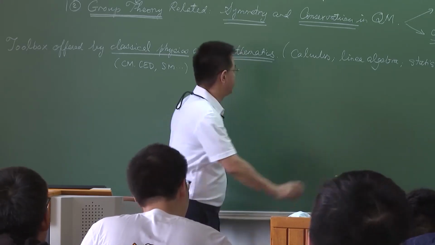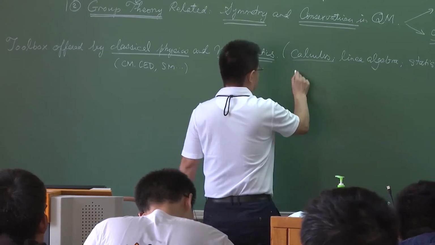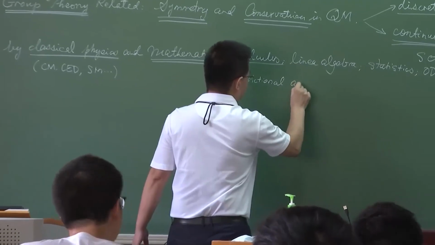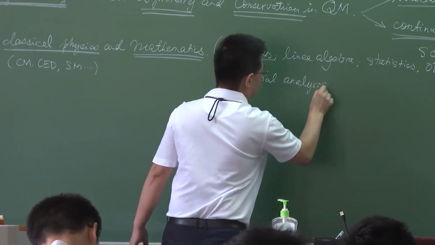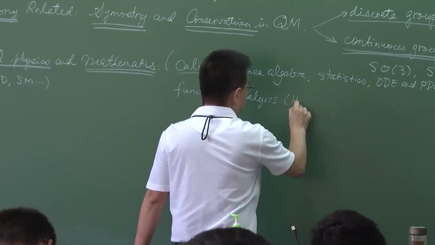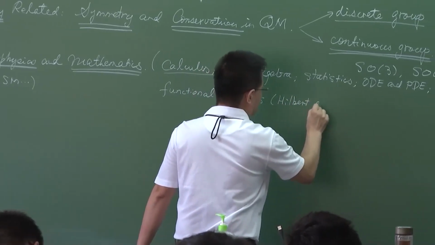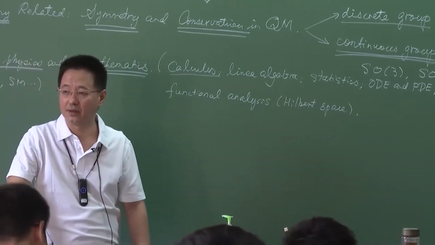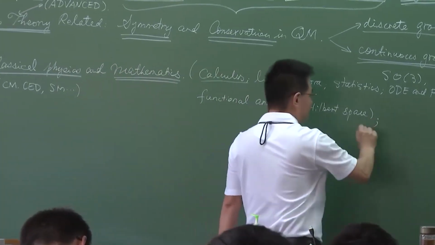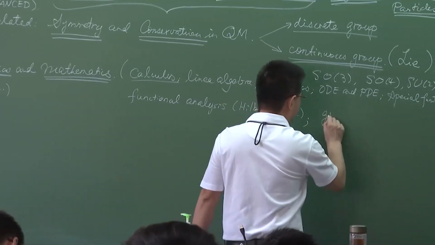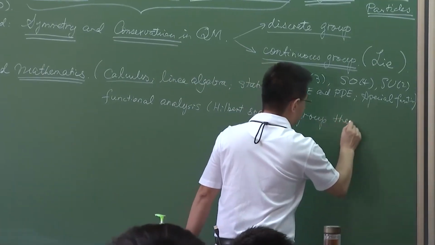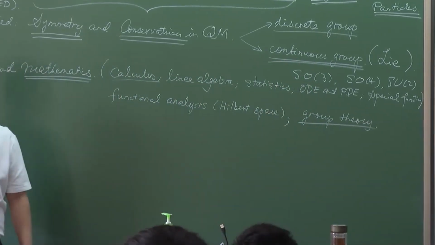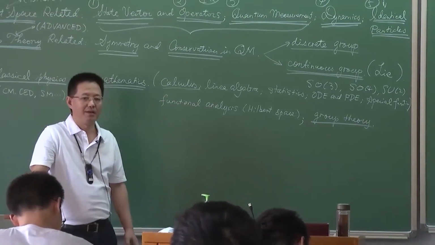We have already had the calculus and also functional analysis. For example, we have the Hilbert space. Actually, before quantum mechanics, we already had the Hilbert space. And also, we already had group theory. There were several very genius, very talented guys in group theory.